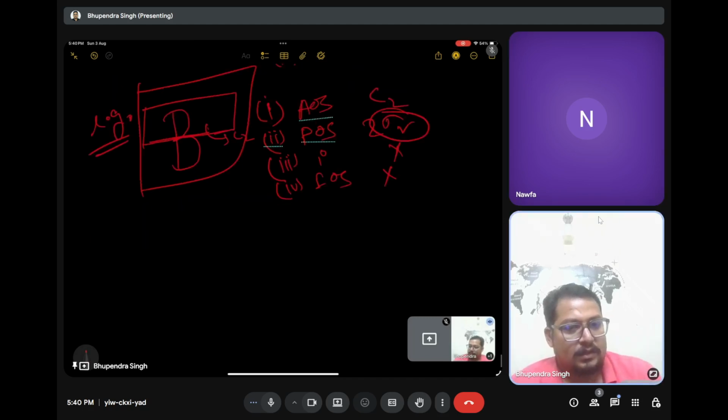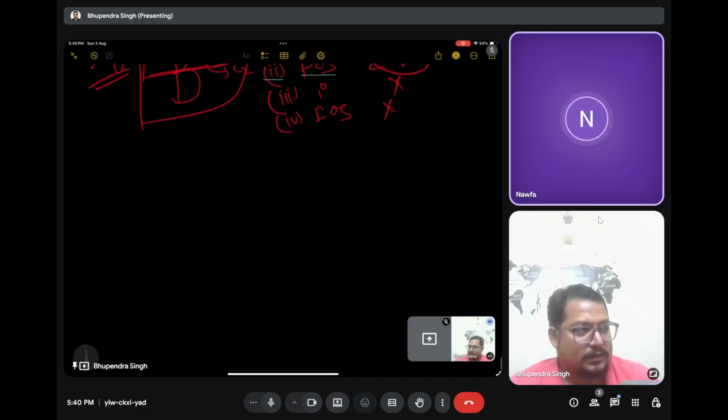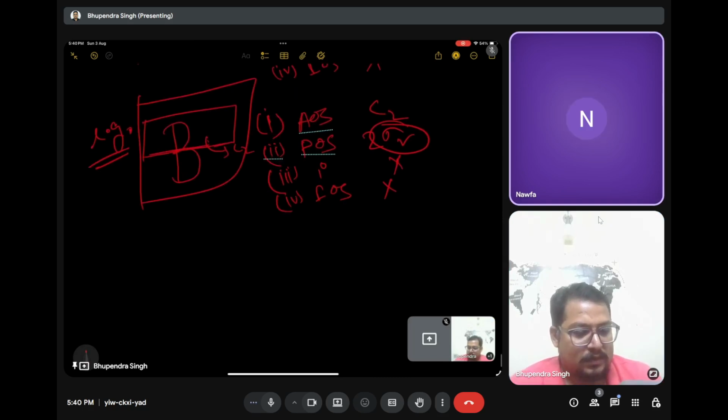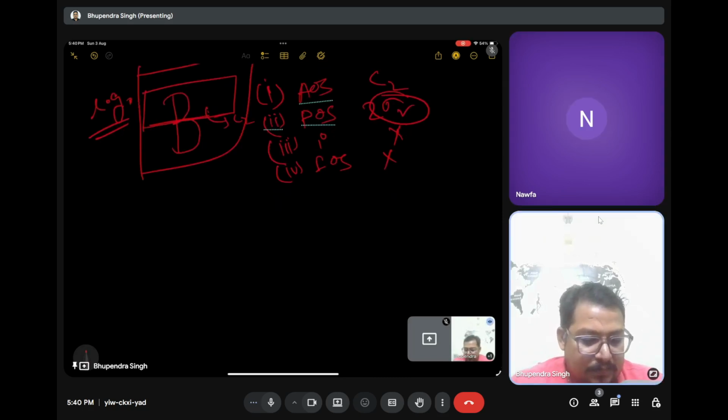Okay. Now we have learned all the symmetry elements and symmetry operations, and we have done a lot of examples. Now let's draw the flow chart by following which we will be able to find out the point group of the molecule. That is very important.